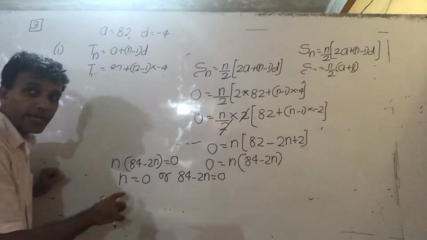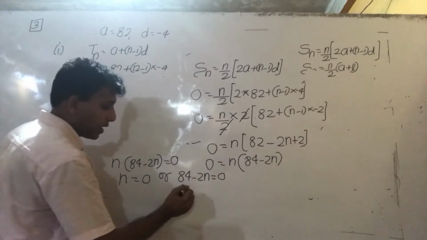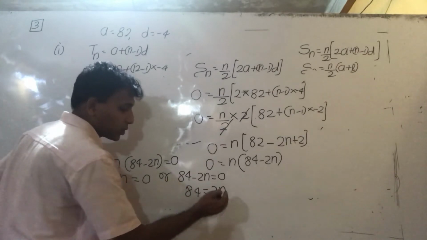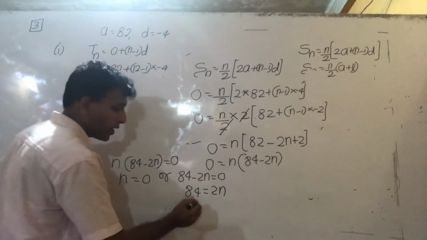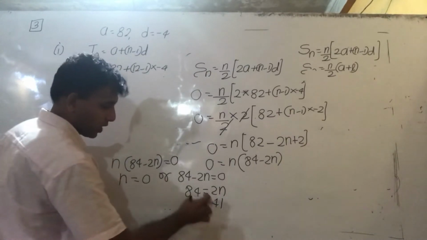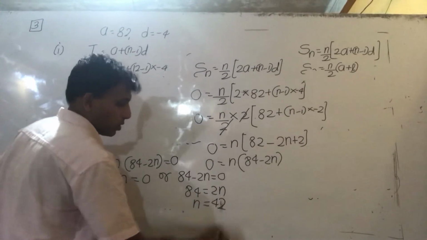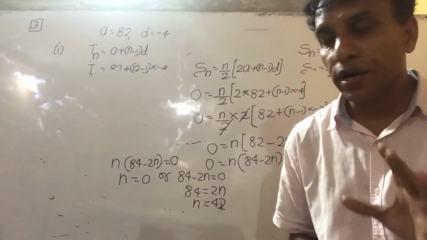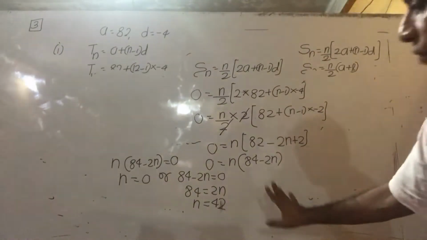So one answer is n is 0, but the other: 84 equals 2n. 2n is 84, so what is n? Divide by 2, 41. Is it okay? So there are 2 n values. Always for a quadratic equation, 2 solutions are available.